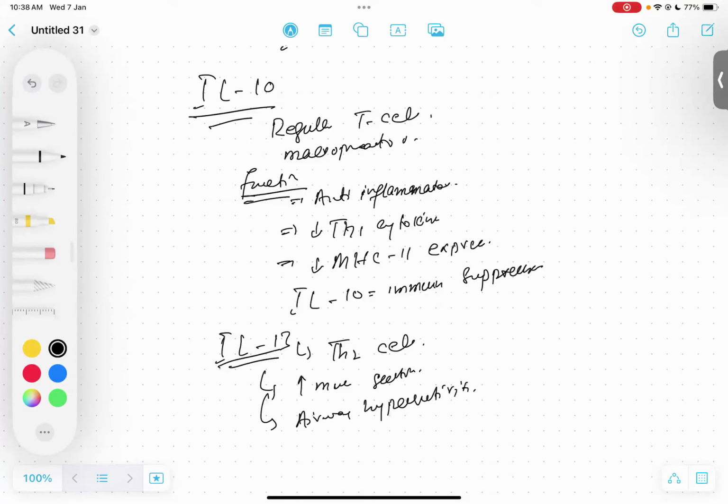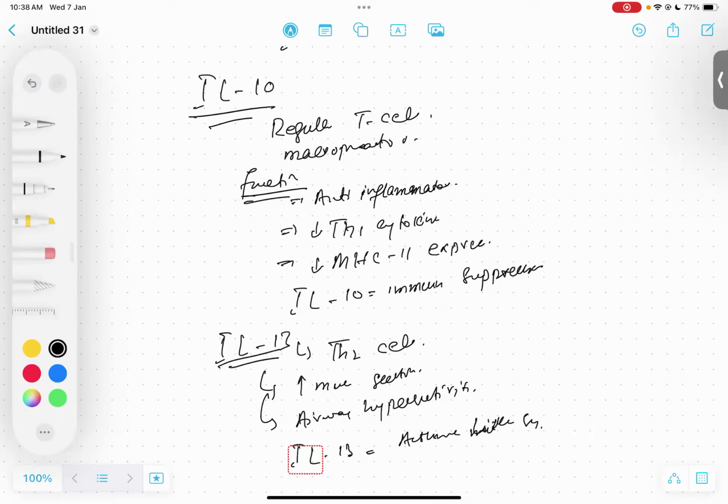So remember that interleukin 13 will cause asthma-like symptoms. Okay, doctors.